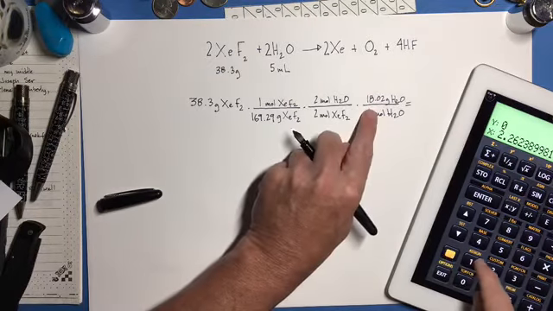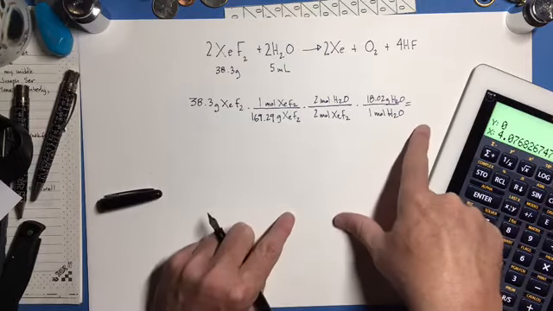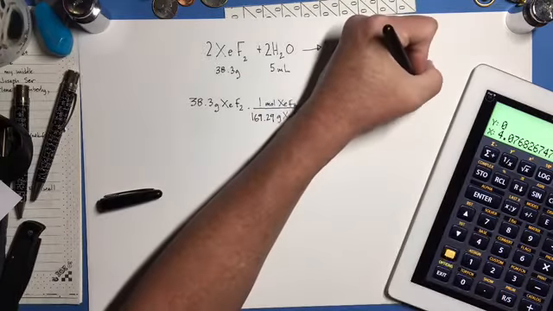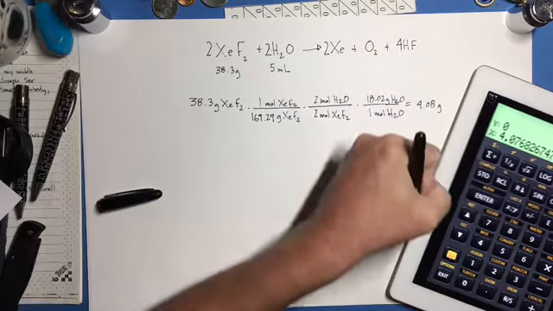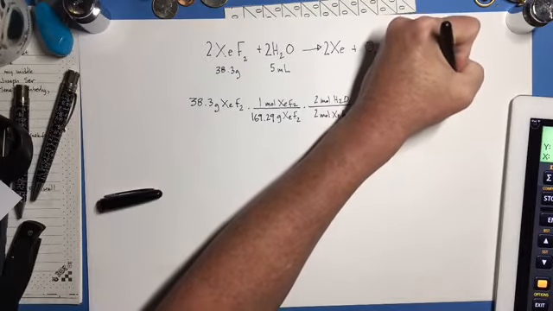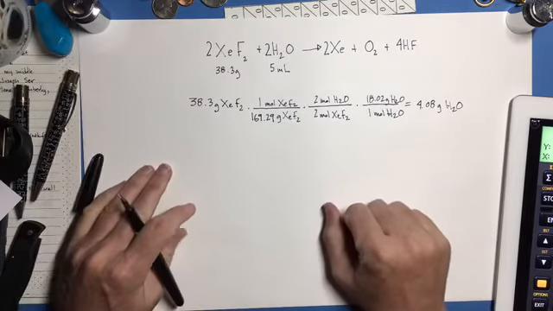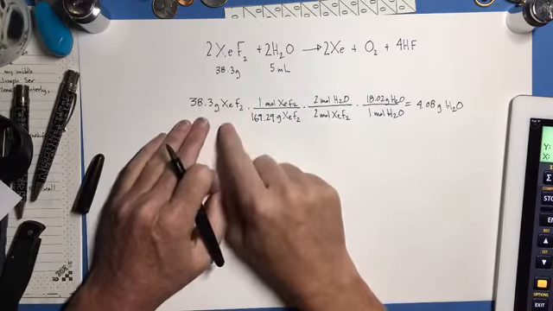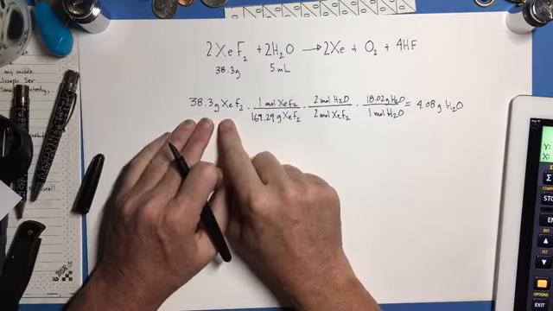So let's go over here, times 18.02, which gives 4.07, or with 3 sig figs, 4.08 grams of H2O. So what does that tell me? That tells me that if I have 38.3 grams of xenon difluoride, I will need 4.8 grams of water to react with all of that.